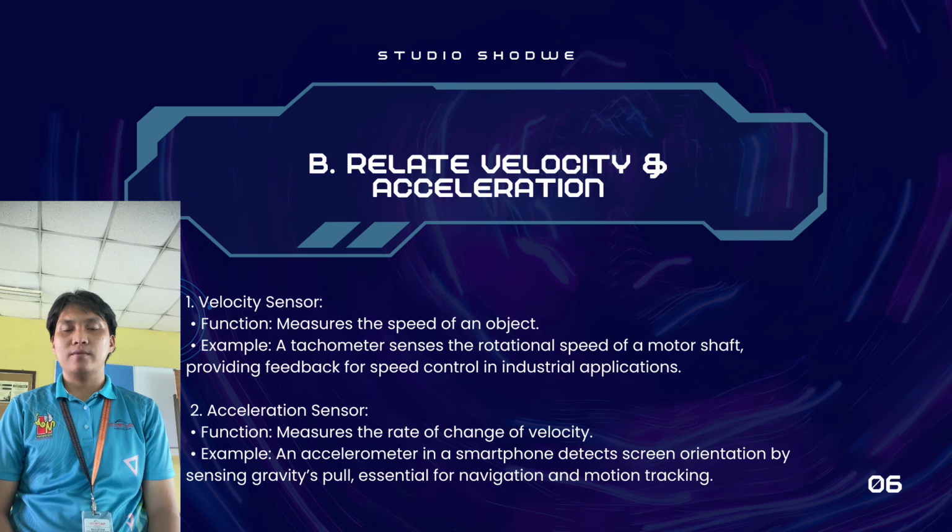Acceleration sensor function measure the rate of change of velocity. Example, an accelerometer in a smartphone detects screen orientation by sensing gravity pull, essential for navigation and motion tracking.